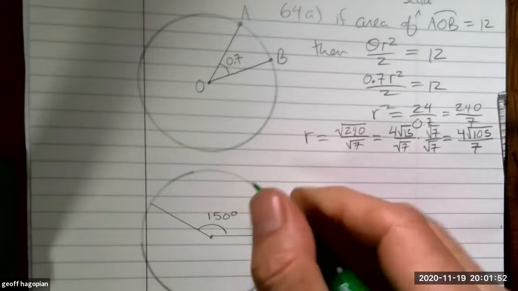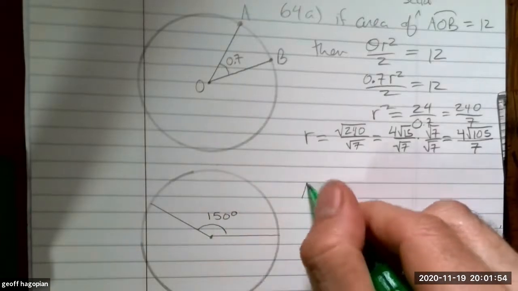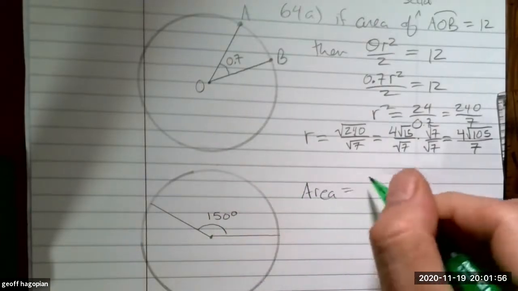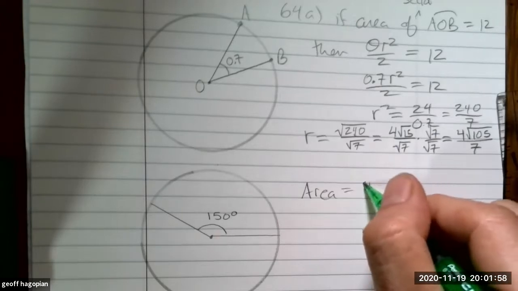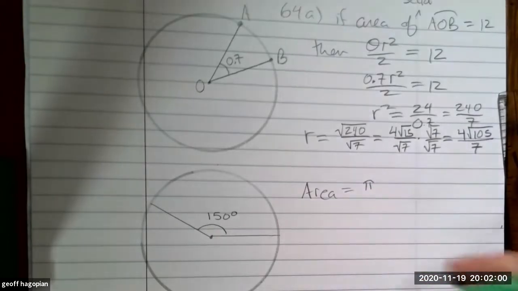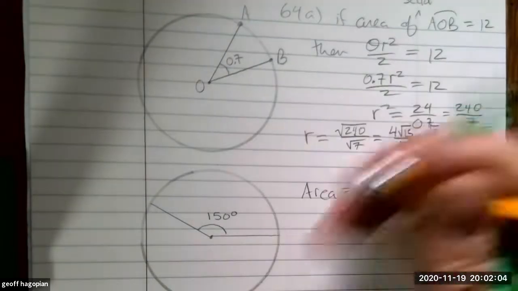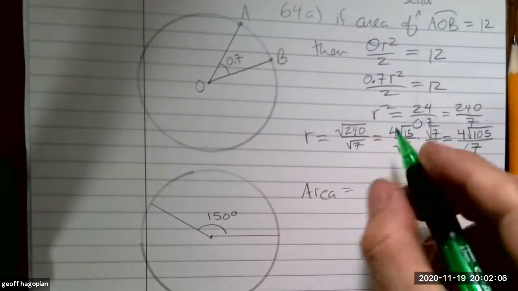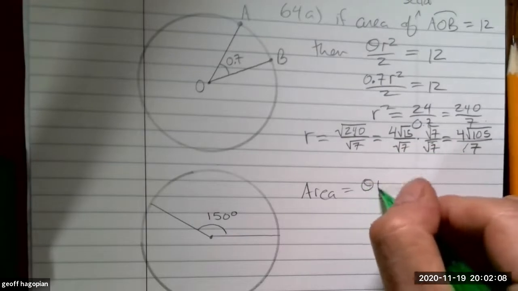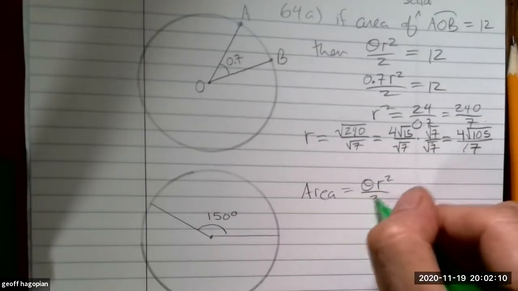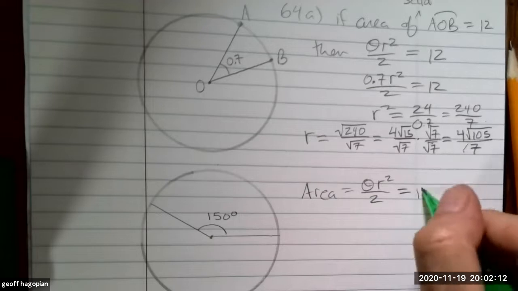So the area is equal to theta r squared over 2, right? The formula is theta r squared over 2, and that equals 12.